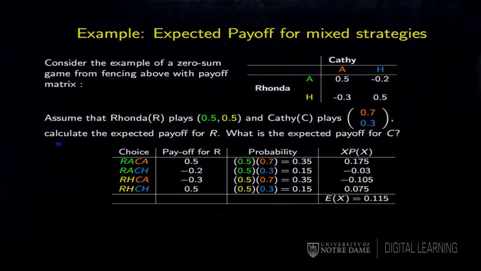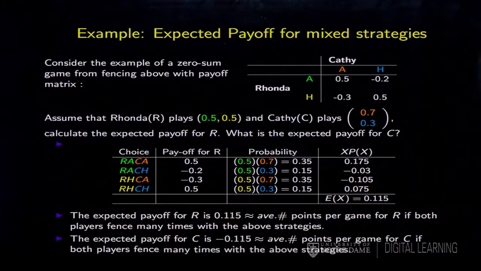So the expected long run payoff for Rhonda is 0.115. It's positive, and this means that with both of these strategies, the expected long run payoff for Kathy is minus that, because this is a zero-sum game.